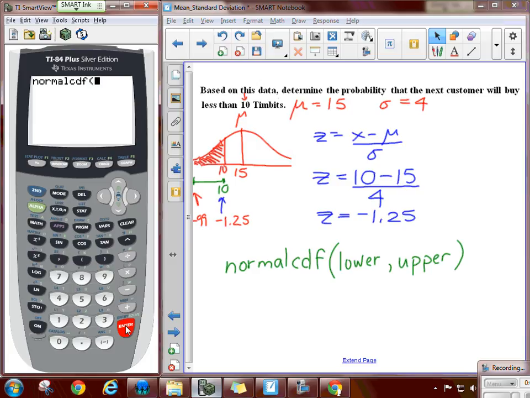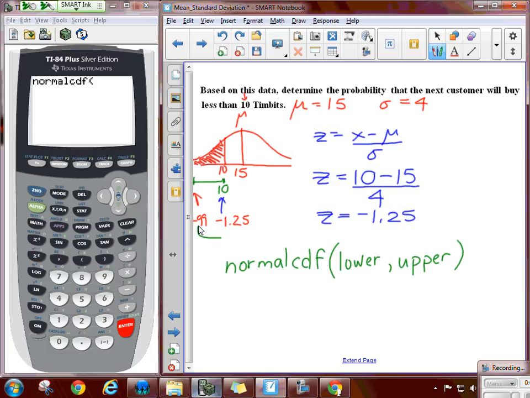If I look back on this bell curve, we're saying we need to start at negative 99 and go all the way up to negative 1.25 to get this shaded region on the bell curve. So my work simply would be to write normal CDF, the lower limit, negative 99, all the way up to the upper limit, which was negative 1.25 for reading left to right.